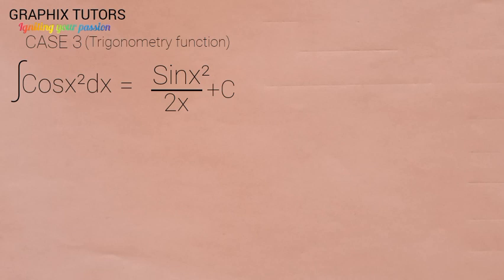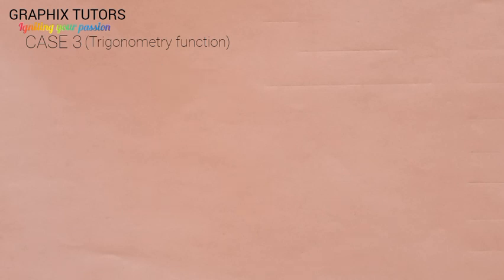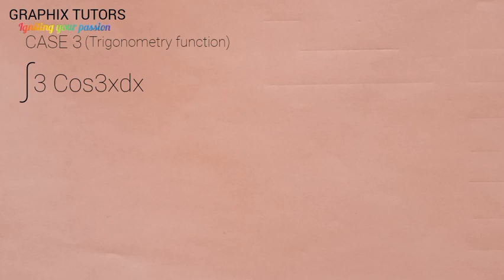Now let's try another one. What if you now have to find the integral of 3 cos 3x dx? Now the dx means we're focusing on x. You cannot separate 3x from cos; whatever is in front of the cos, you cannot remove it.